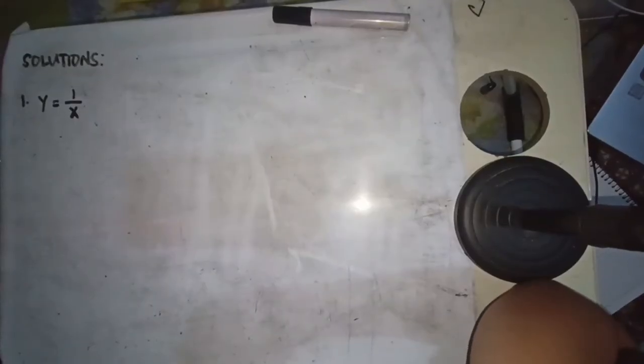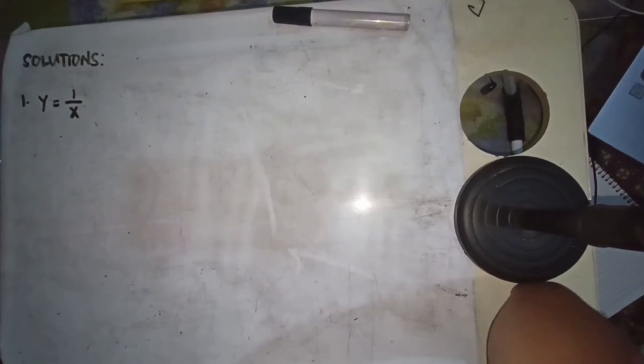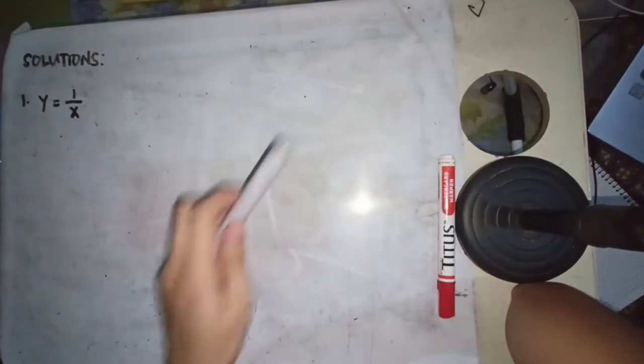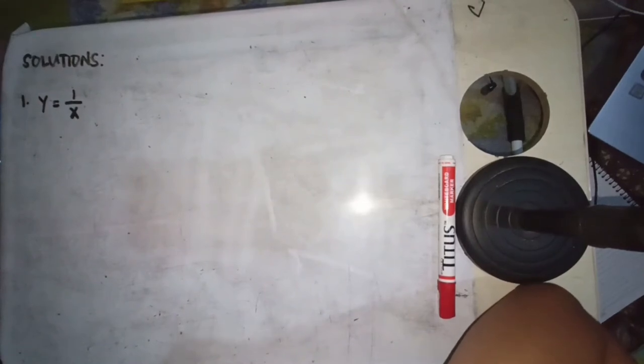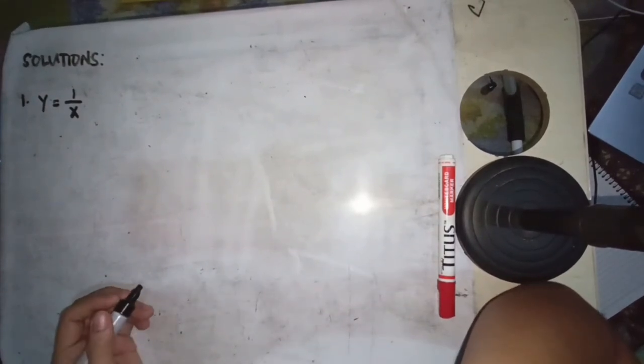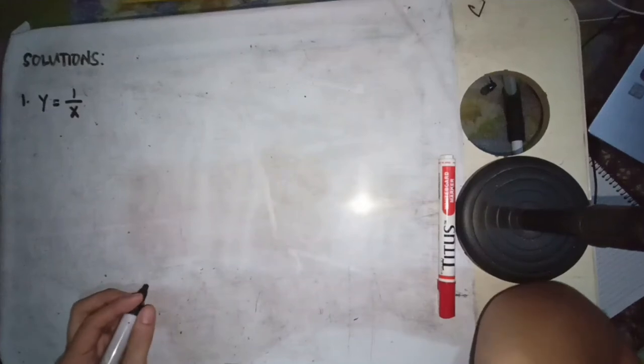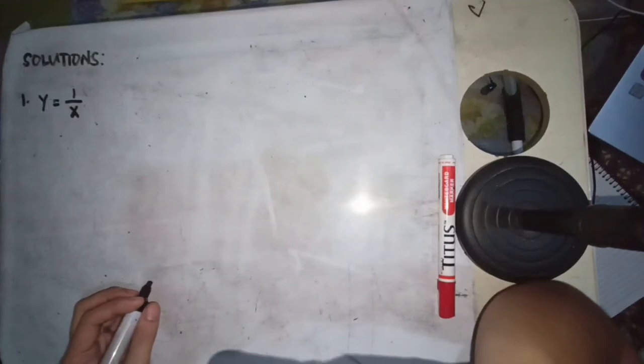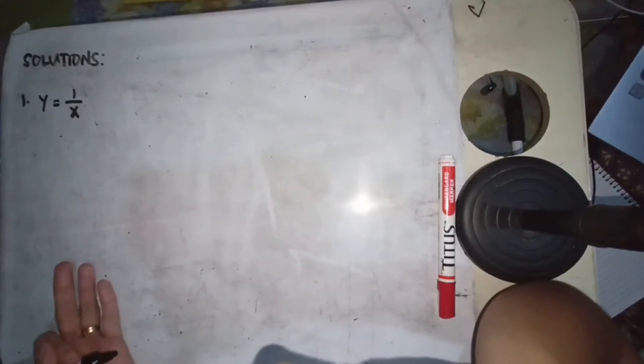As an example in finding the range of a rational function, we have y equals 1 over x. Just like finding the domain of a rational function, in finding the range we first have to identify the horizontal asymptote. In finding the horizontal asymptote, we have three conditions.